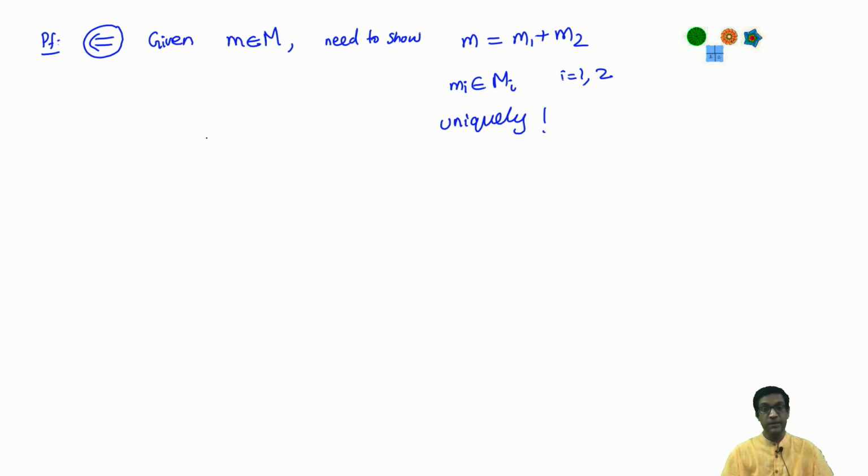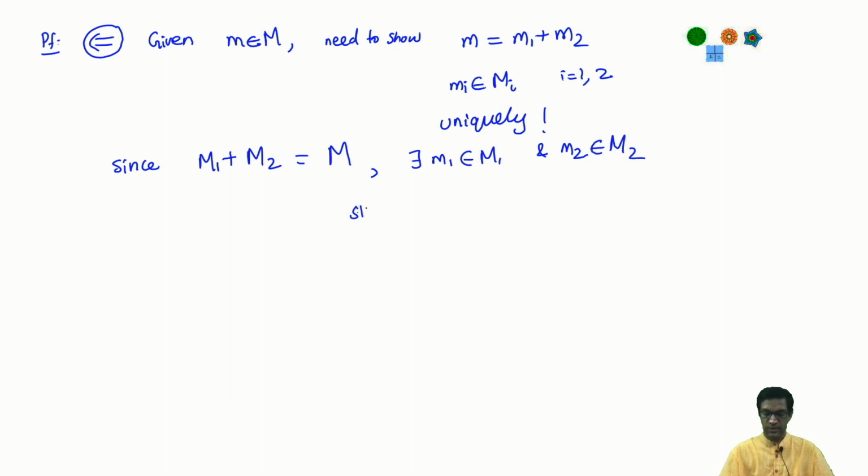Number one, m can be written like this because, firstly observe, since the ordinary sum of M1 and M2 is all of M, this means that there exist m1 in M1 and m2 in M2 such that m can be written as their sum. Again, like I said, this is from that video on sums of submodules. Now, let us prove the uniqueness that comes from the second part of the hypothesis.